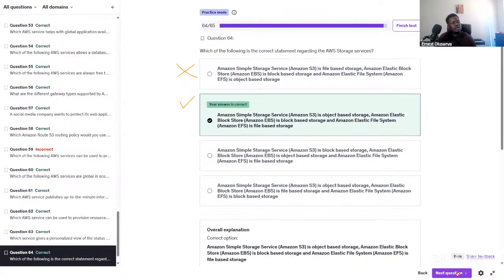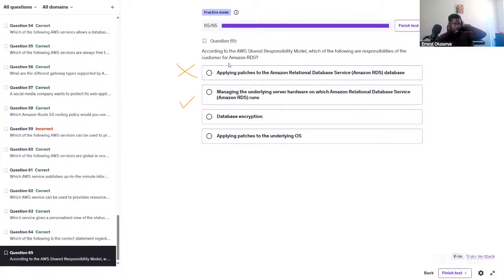All right, final question. According to the AWS shared responsibility model, which of the following are responsibilities of the customer? So they're asking us what are the responsibilities of the customer for Amazon RDS. Question to ask yourself, is RDS fully managed or is it infrastructure as a service?